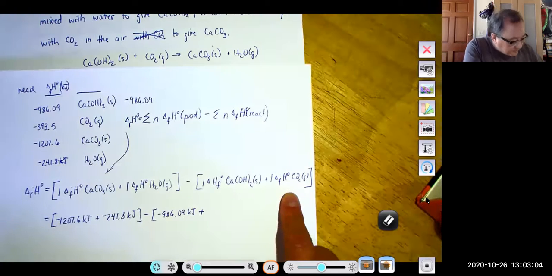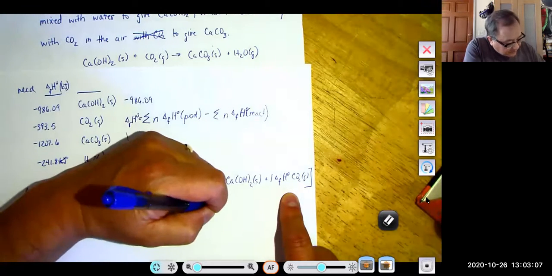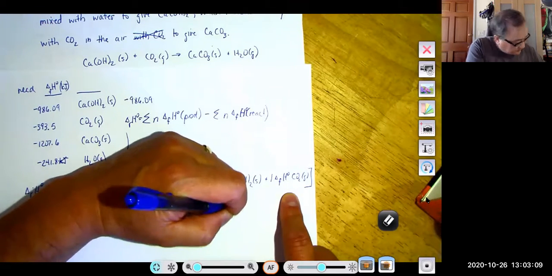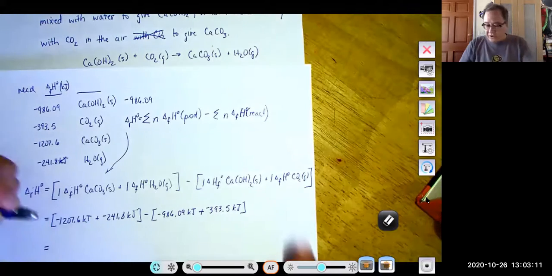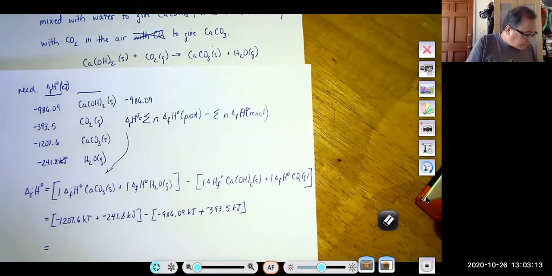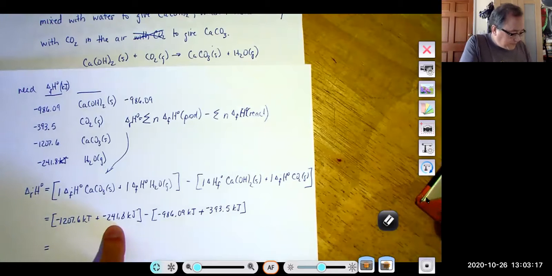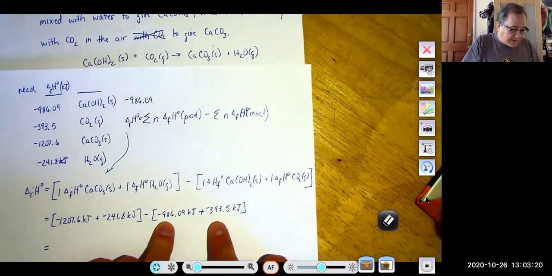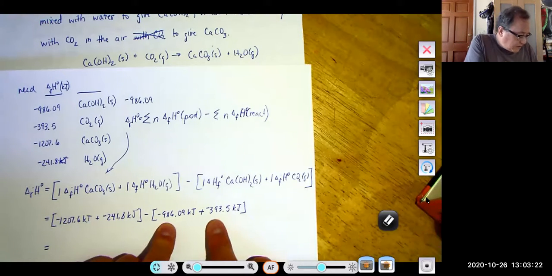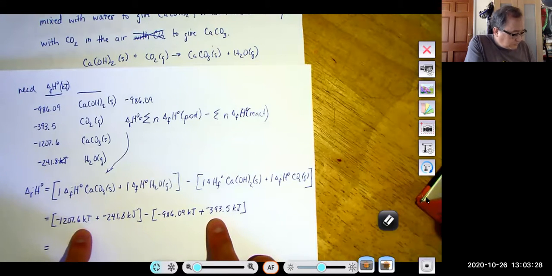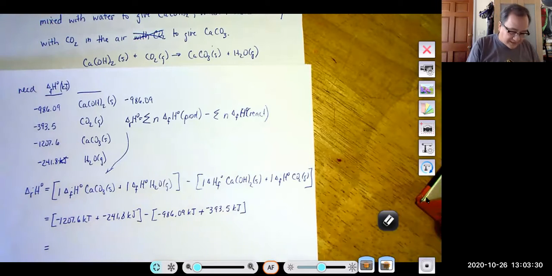And then CO2 is minus 393.5 kilojoules. So when we do the work here, you can see that these two roughly add up to minus 1,440. These two add up to minus, I don't know, 1,380. So you're going to have a difference of around 40 or 50 or something like that.